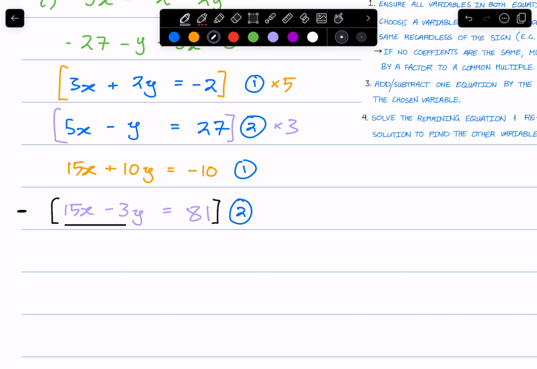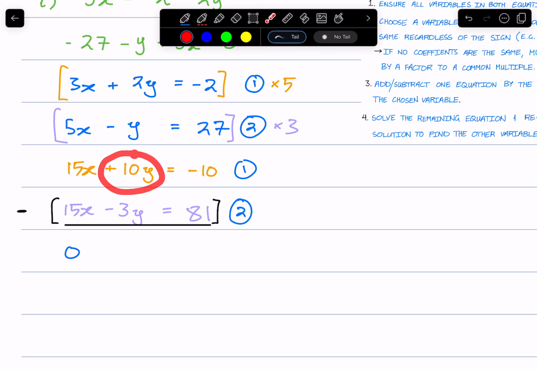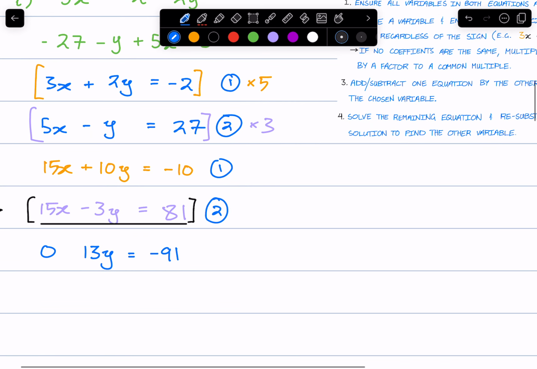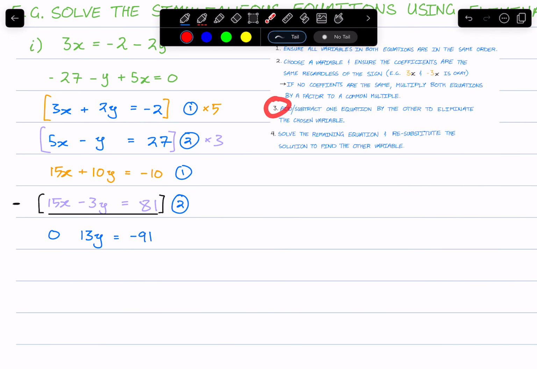Now take a look at what happens. 15x minus 15x gives us 0. 10y minus 3y gives us 13y, equaling negative 10 minus 81 gives us negative 91. And now notice that from step 3, we should always have eliminated the chosen variable.